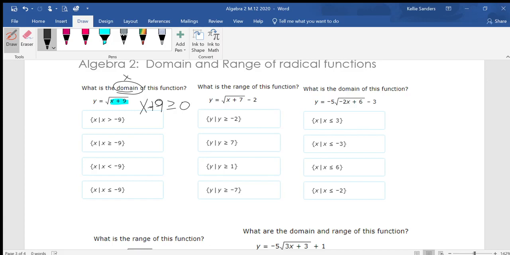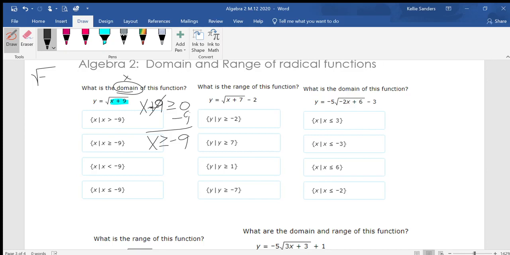The reason for that is we can't take the square root of negative numbers, right? So I want to know what number would make this 0 because I can take the square root of 0. I want to know what would make this positive because I can take the square root of a positive number. It may not be pretty, it may be a decimal, but we can do that. So we're going to set this greater than or equal to 0 to make it not negative. So we move the 9 over, then greater than or equal to stays, and 0 minus 9 is negative 9.